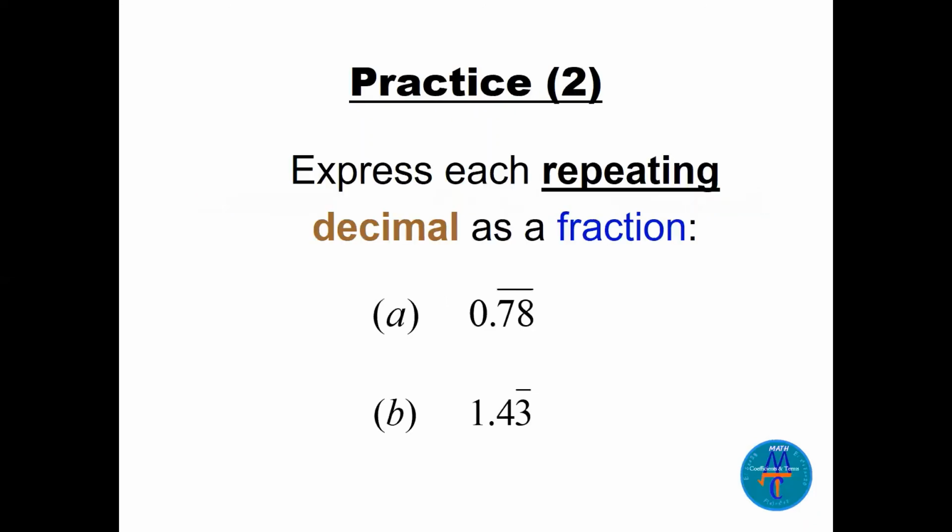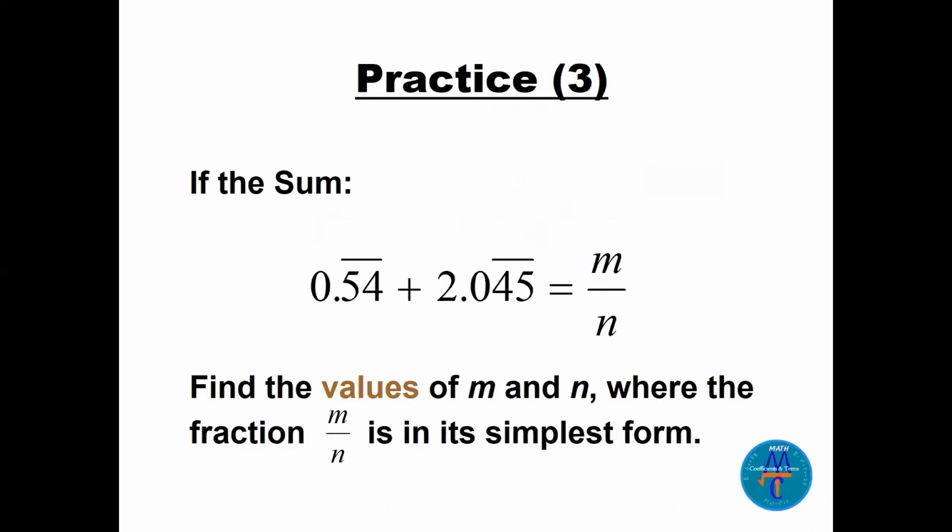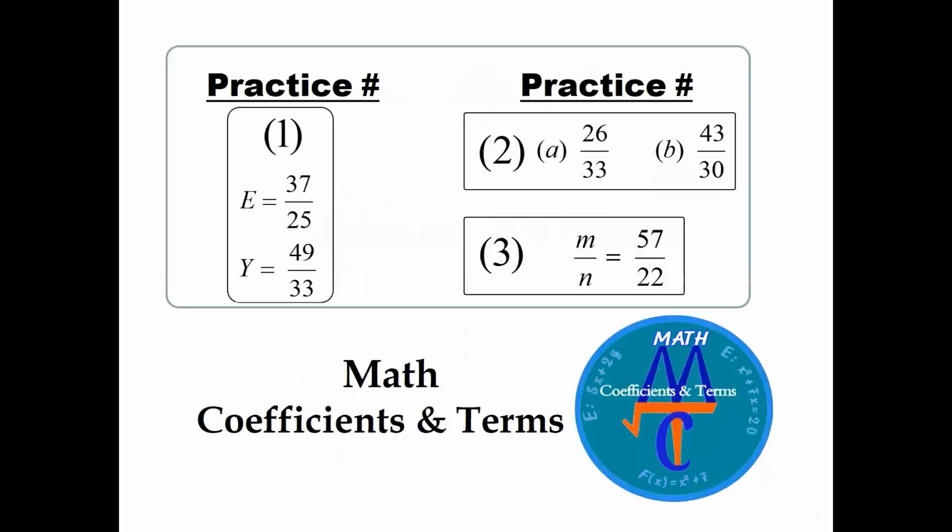And then practice number 2, 0.787878, etc., and number B, 1.4 and then the 3 repeated one time. While practice number 3, there is a sum, 0.54 repeating plus 2.045 repeating is equal to m/n. Find m and n. You can find the sum similar to question number 4, I think. And then the answers here, I put the answers, EY, AB, m/n.